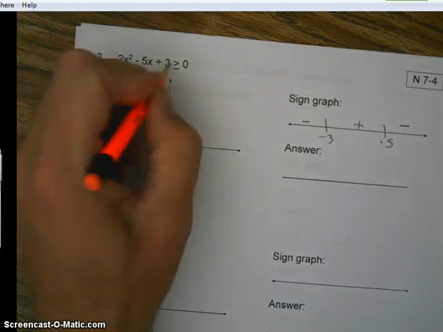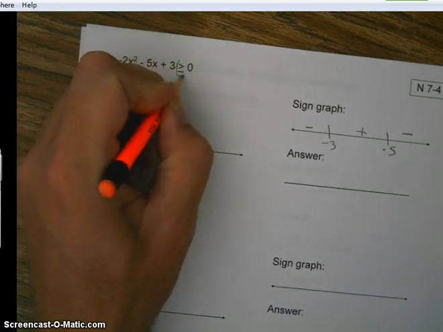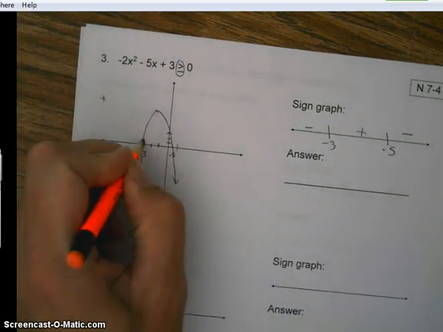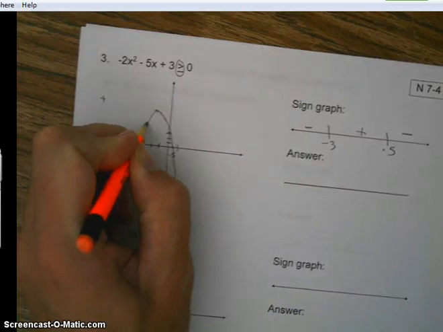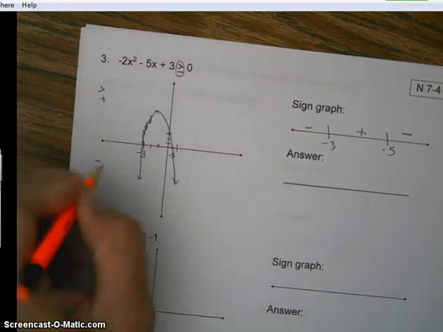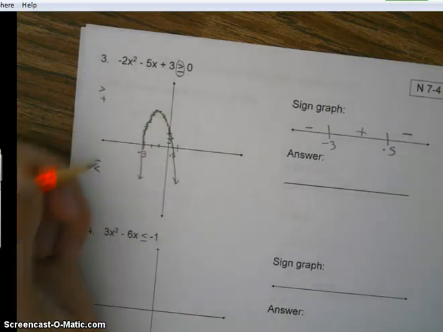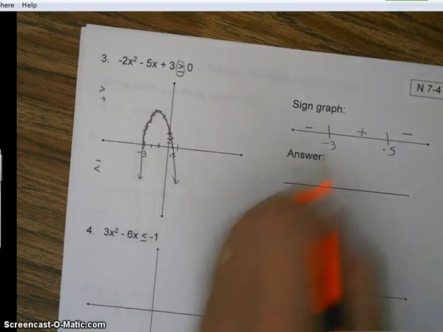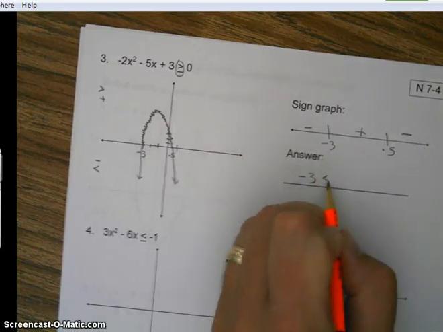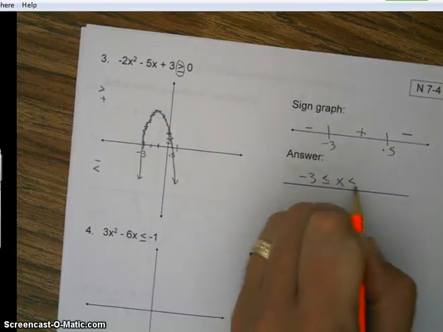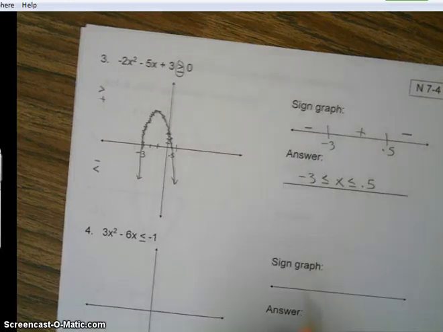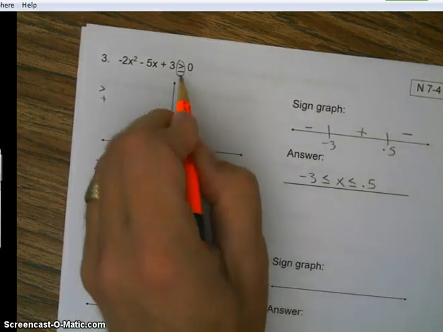Solution: it's greater than or equal to 0, so we're going to shade above. Greater than is positive, less than is negative. So when we write our solution, we're going to go from negative 3 to 0.5. Notice the equal sign, because we have an equal sign here.